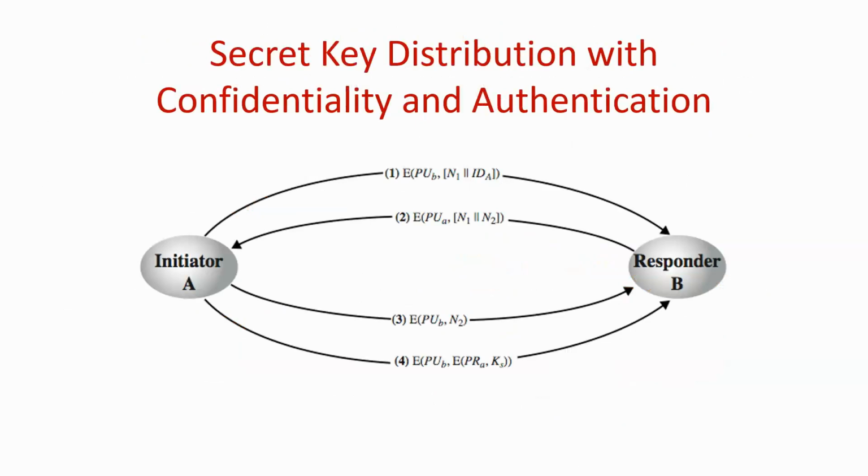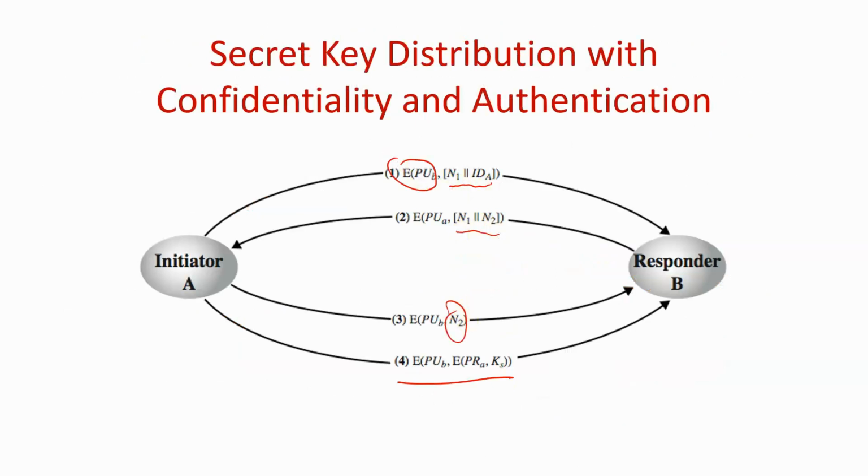A will send to B a nonce and its own ID encrypted with the public key of B, which we're assuming is known to A. B will send back to A the nonce concatenated with a new nonce, encrypted with the public key of A. A will send the nonce encrypted with the public key of B, and then will send the symmetric key digitally signed and encrypted with the public key of B, so that the exchange is now complete. There are two challenge responses to do authentication, and then the symmetric key is exchanged.